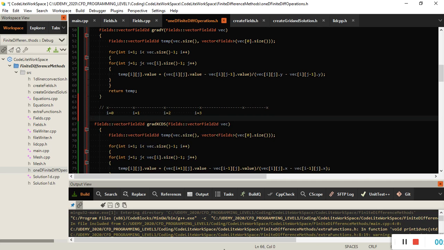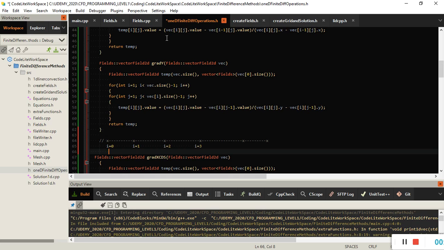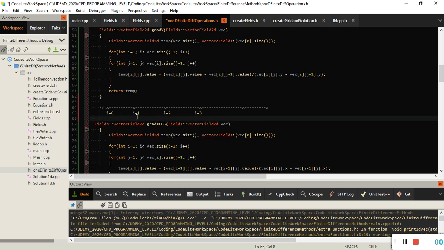Then the grad x at this point will be the u velocity at I, which is 1, minus u at I minus 1, which is 0. In central difference, the gradient will be I plus 1, which is 2, minus I minus 1, which is 0, divided by 2 times dx.